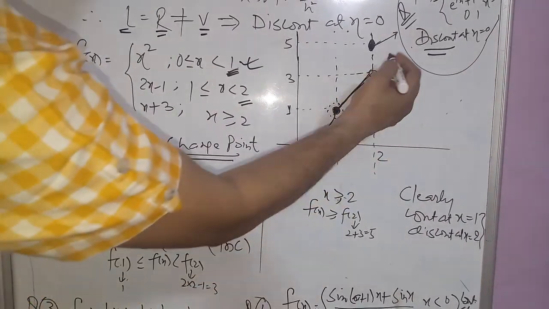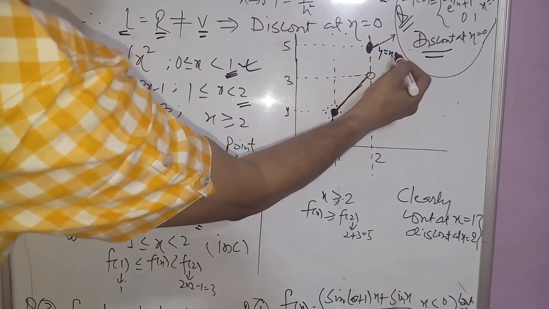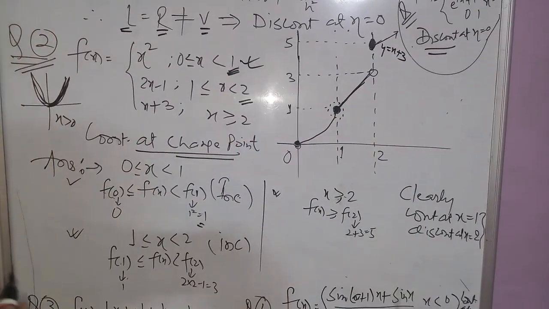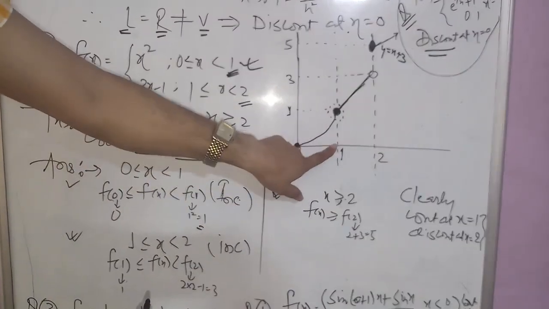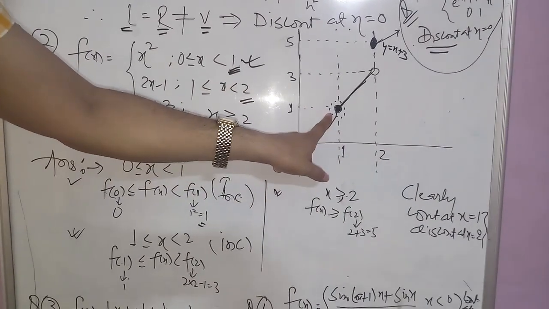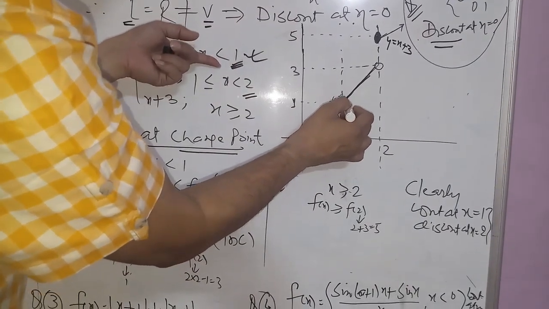So, graph of function y equal to x plus 3. Clearly, change point is 1 and 2. At 1, there is no break. In first situation, this point is not included.